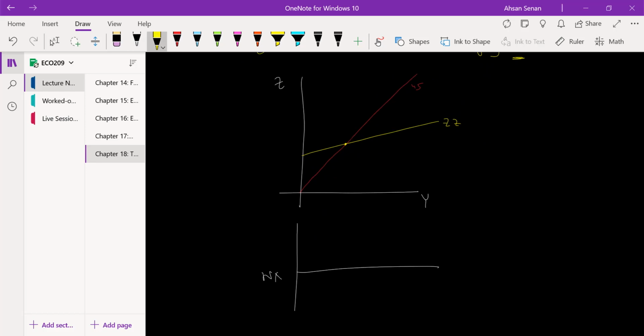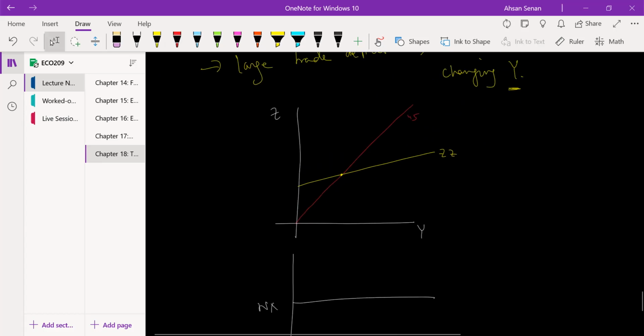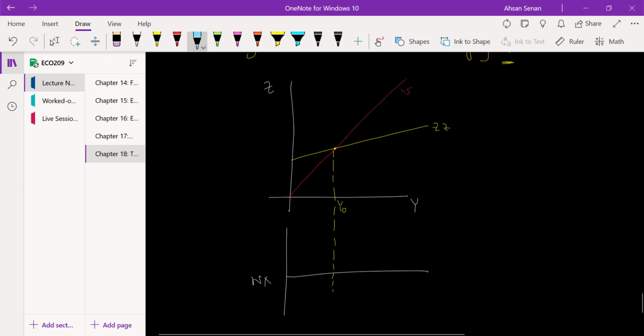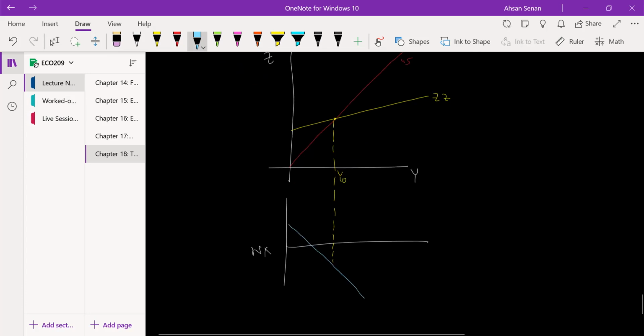NX. So this is of course our equilibrium. Suppose this is Y0. Suppose this country is here. Okay, that doesn't look nice. Try and do better. Oh, looks same. Anyways, this is NX. So what you see is that this country, let me use another ink.